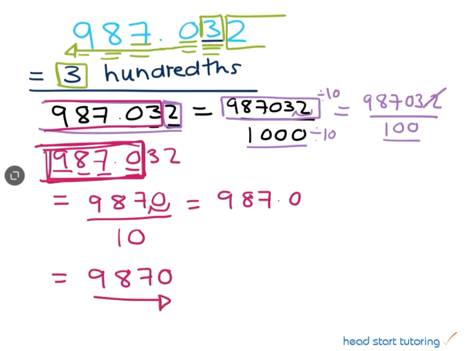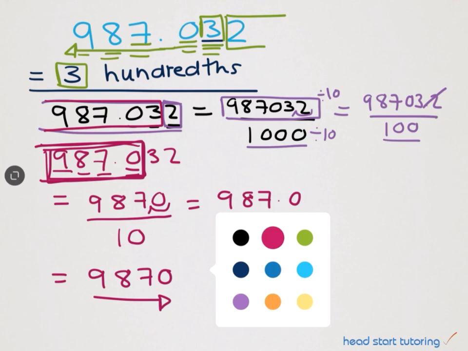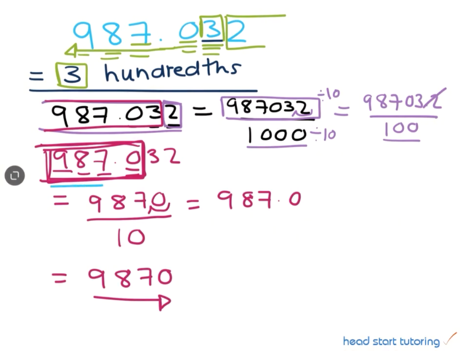Right, and then obviously with our whole numbers, what we need to remember is that we've got 7 units there. So what is the value of our 7? It's 7 units. And how many units are there in this entire number? There are 987 units, because in our 8 tens we have got 80 units.